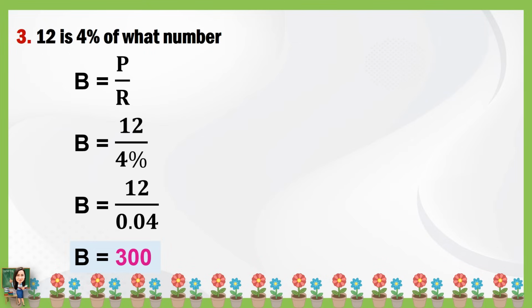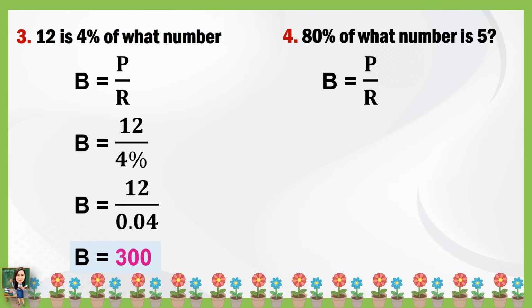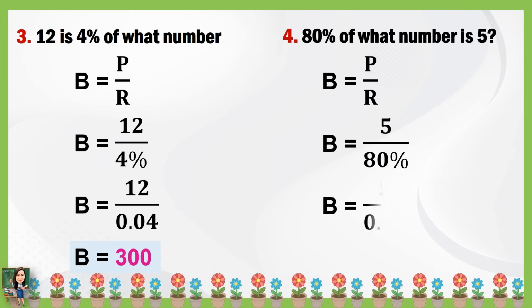The base is 300. Number 4. 80% of what number is 5? Use this formula. Base equals 5 divided by 80%. 80% in decimal is 80 hundredths. 5 divided by 80 hundredths equals 6 and 25 hundredths.